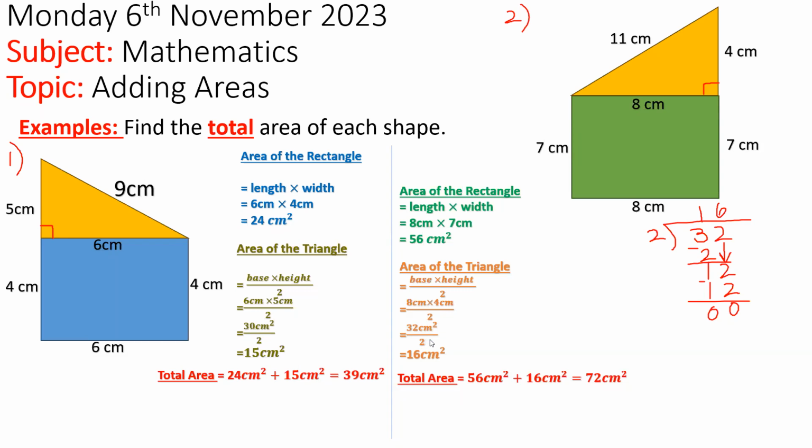And then you say 56 plus 16, 72. Very good. Anyone else have any questions, or we understand how to do this? I understand. All right, good.